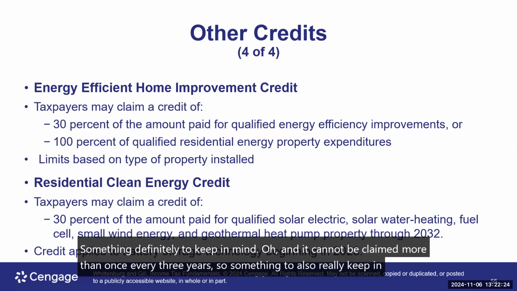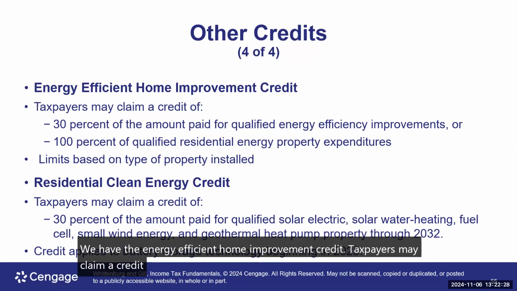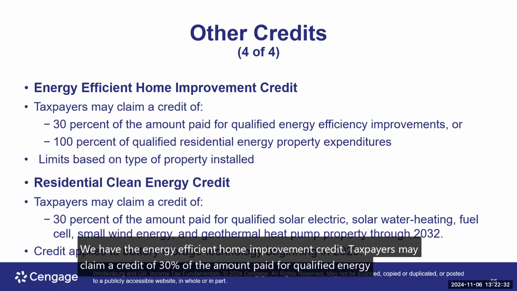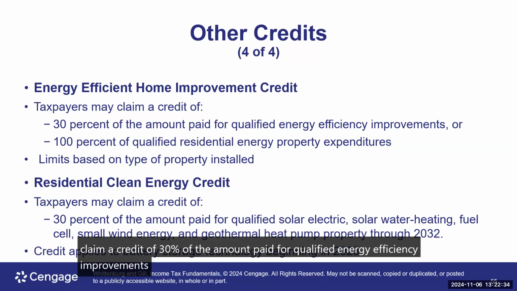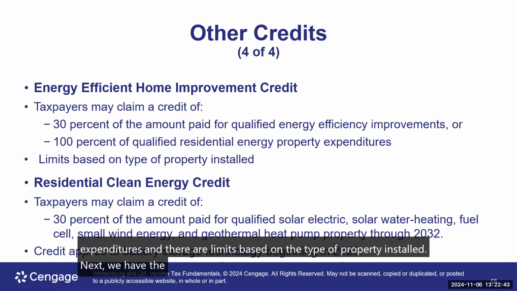Next, we have the energy efficient home improvement credit. Taxpayers may claim a credit of 30% of the amount paid for qualified energy efficiency improvements or 100% of qualified residential energy property expenditures. And there are limits based on the type of property installed. Next, we have the residential clean energy credit.